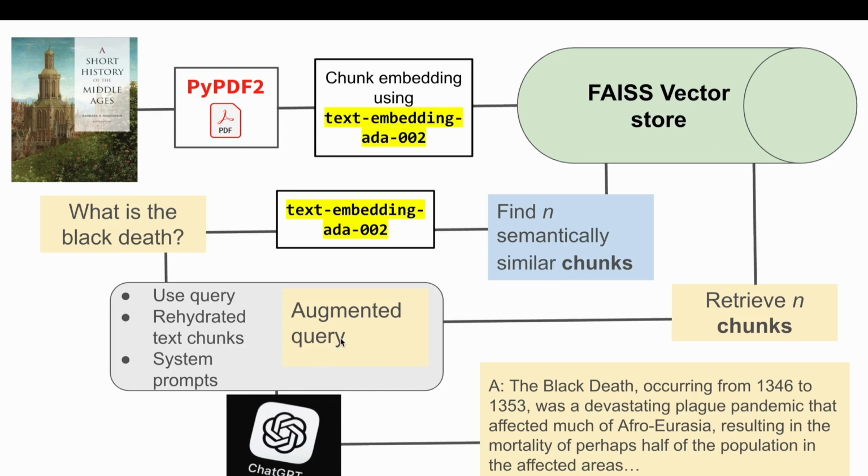Those chunks are added to your query along with system prompts and then sent via API to GPT-4, and we get the answer back. So that's a simple demonstration of a RAG pipeline and quite accessible to build, in fact.